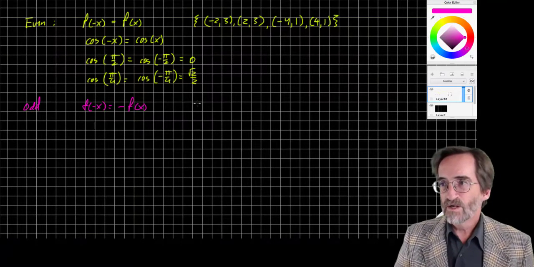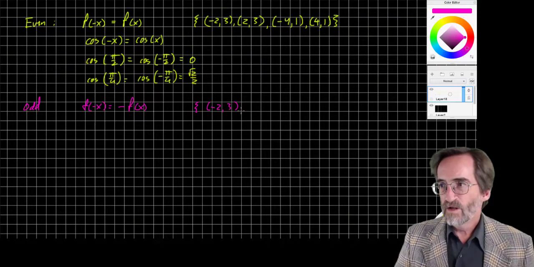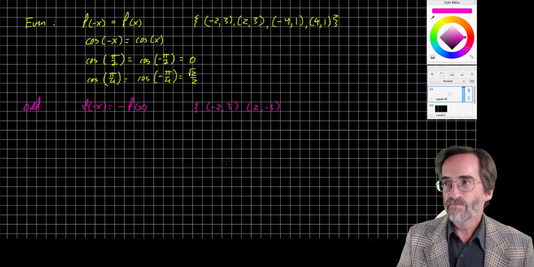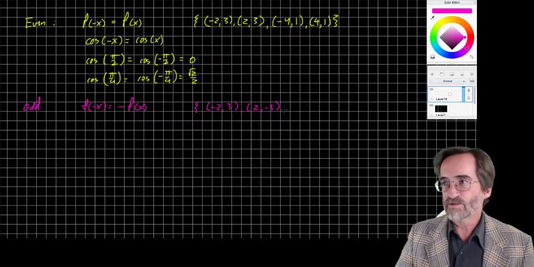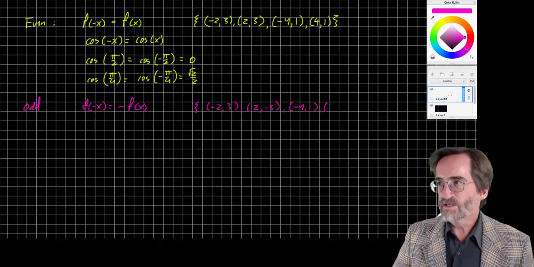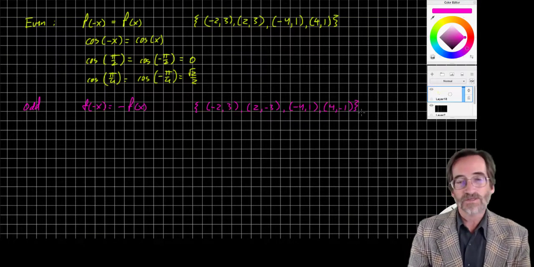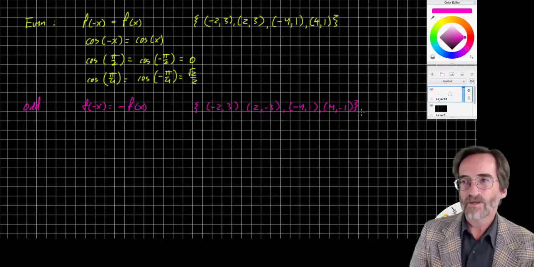Here's what it means in terms of numbers. If I input a negative 2 and get out 3, then inputting a positive 2 should give me a negative 3. Switching the sign on the x necessarily switches the sign on the y. Inputting a negative 4 and getting out 1, then if I input a positive 4, I should get out a negative 1. Switching the sign on the x switches the sign on the output as well.